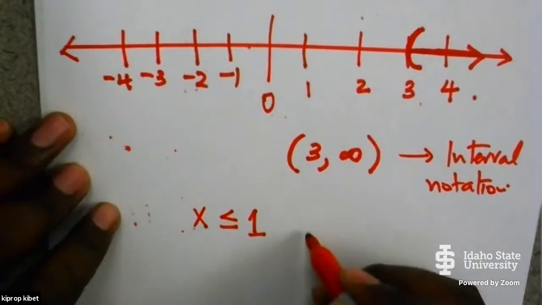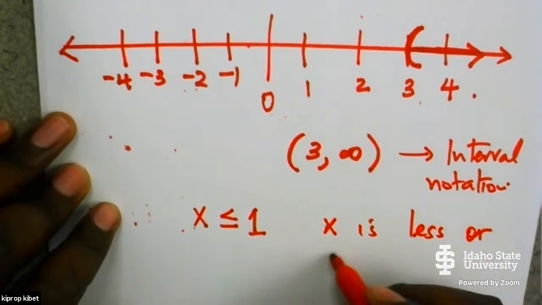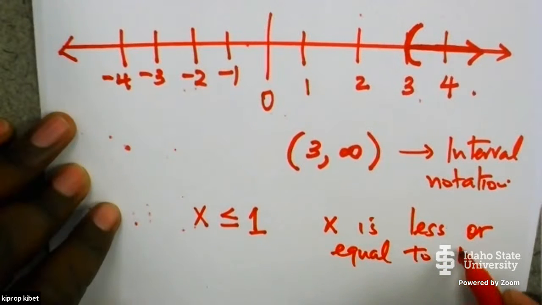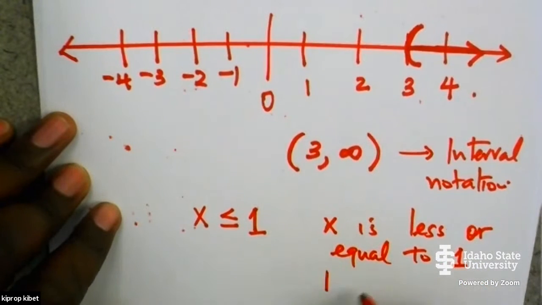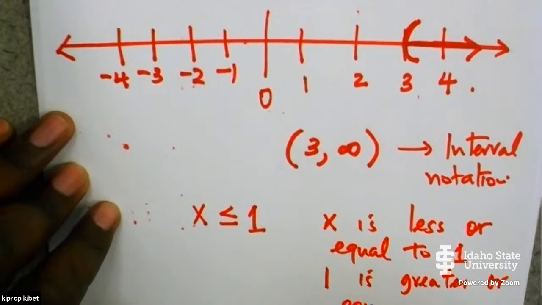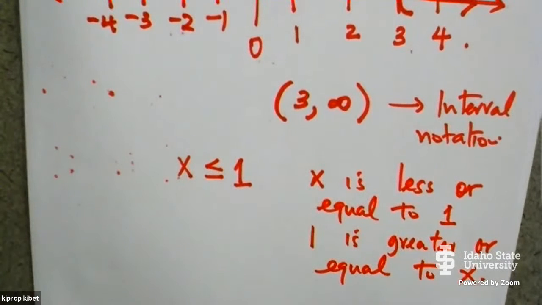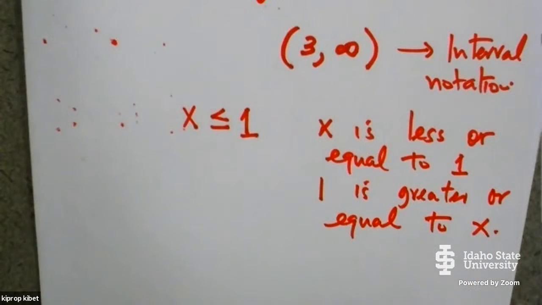We can read this as x is less than or equal to 1, or we can say 1 is greater than or equal to x.